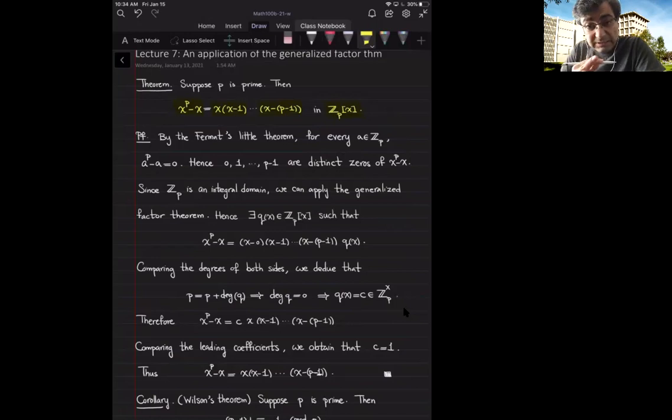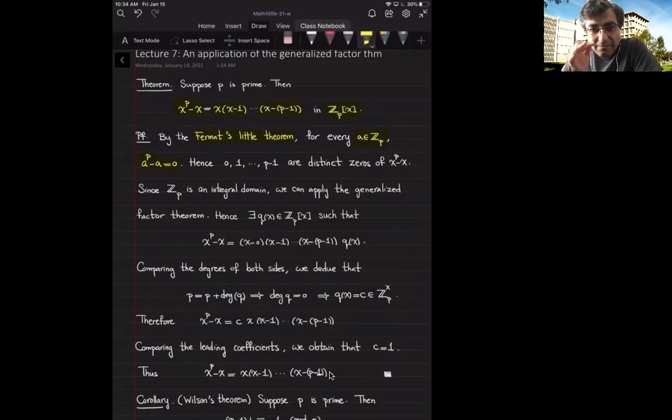By Fermat's little theorem, we do know that for every element a of the ring Z sub p, we have that a to the p is a, or a to the p minus a is 0. So we have this automatically by Fermat's little theorem. What does that mean in terms of zeros?